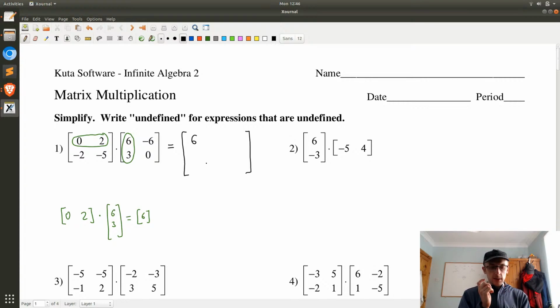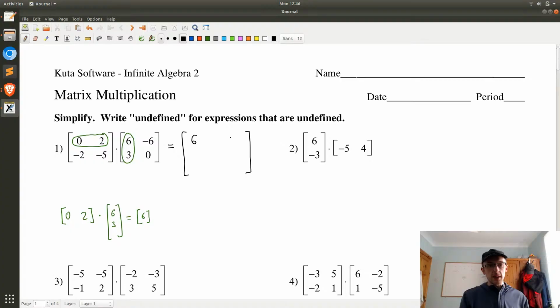And how do I get the entry that's in row 3, column 5? What you do is you multiply row 3 by column 5, the third row of the first matrix by the fifth column of the second matrix in the way that I just described. That would involve 10 itty-bitty multiplications and additions just to get that entry. And then you have to do that 100 times over. So you can see why I would get a computer to do it.